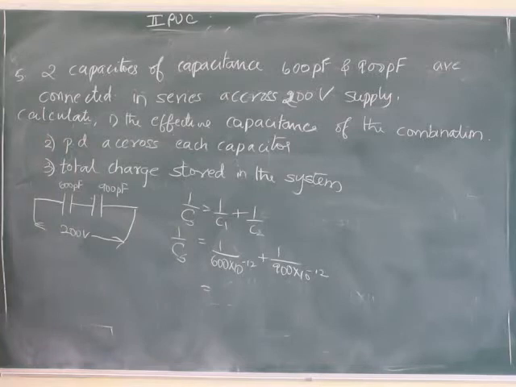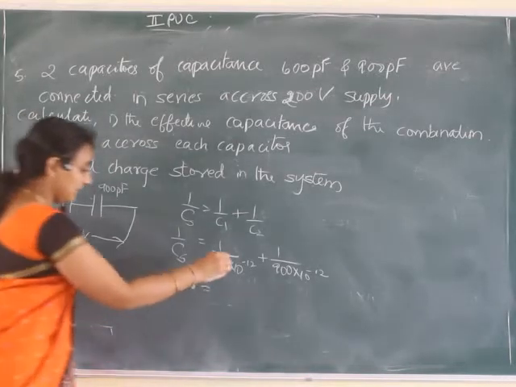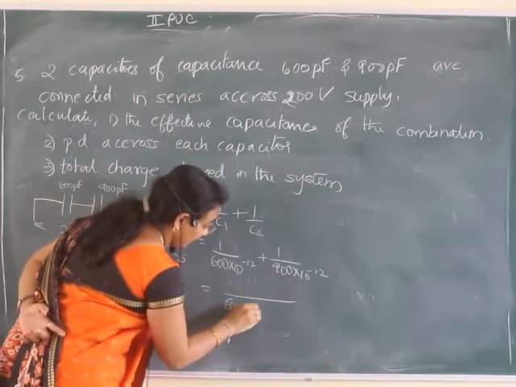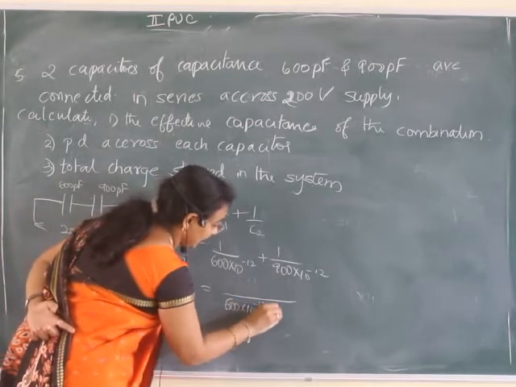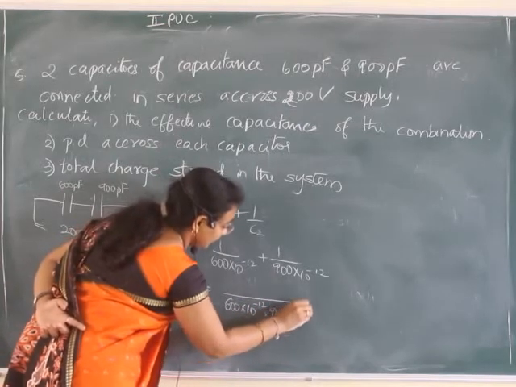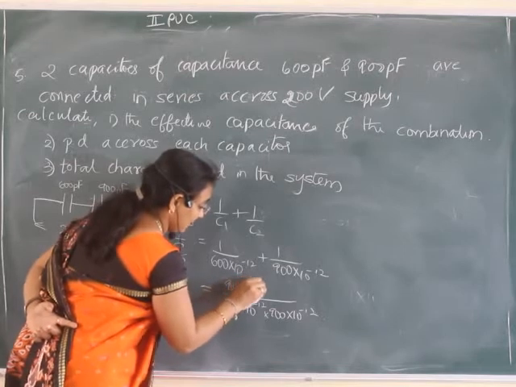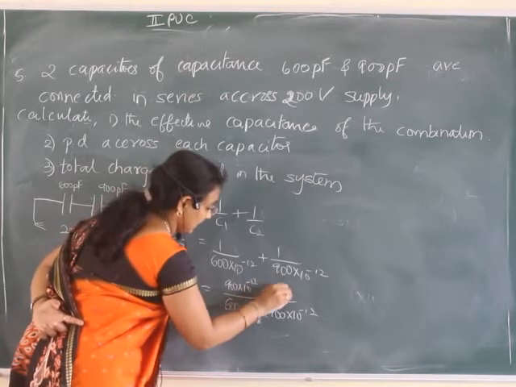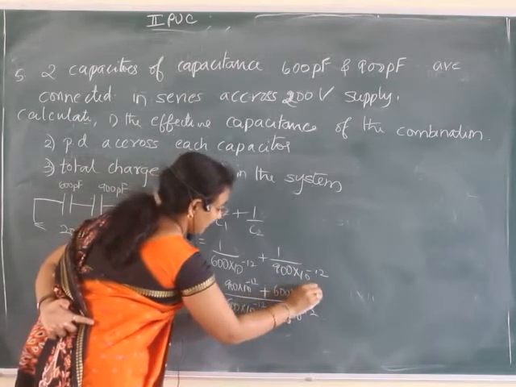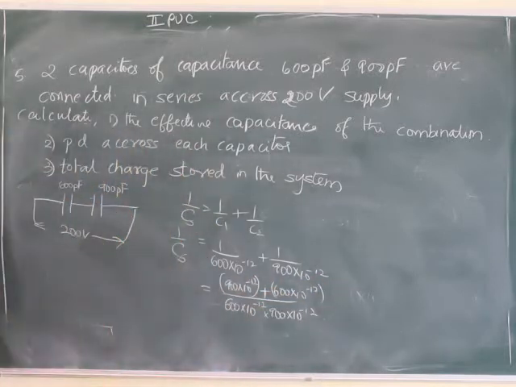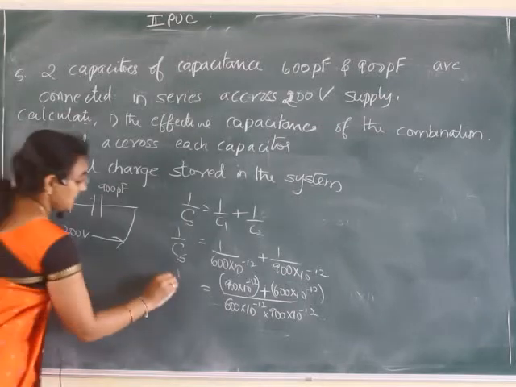So take LCM: 600 into 10 to the power minus 12 into 900 into 10 to the power minus 12, over 900 into 10 to the power minus 12 plus 600 into 10 to the power minus 12. Correct, LCM? So this is nothing but 1 by Cs.